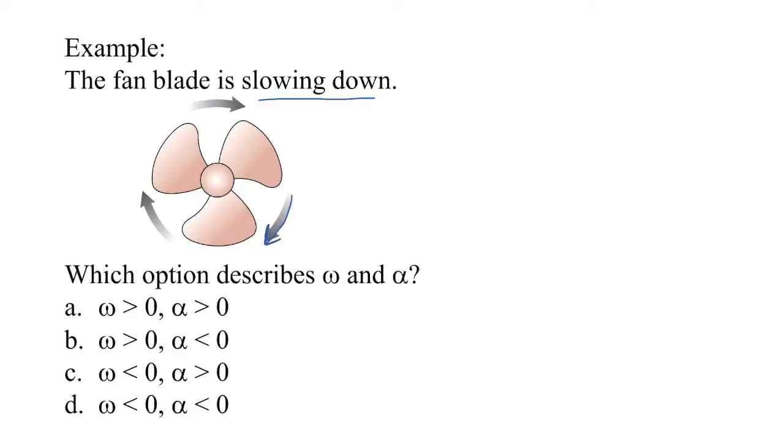So this is telling you which direction the fan is going. So that's the direction the fan is moving. But somebody just turned it off and now it's slowing down. So which option describes omega and alpha? Omega being the angular velocity. So if we look at the angular velocity, it is going clockwise. Okay, so that's the first thing we want to know.